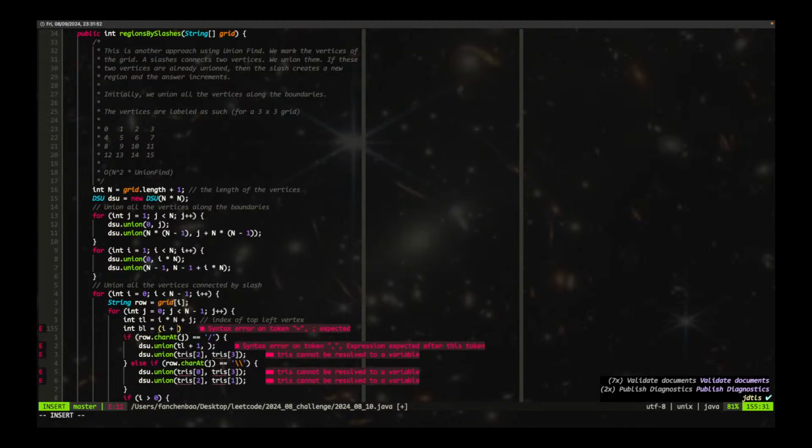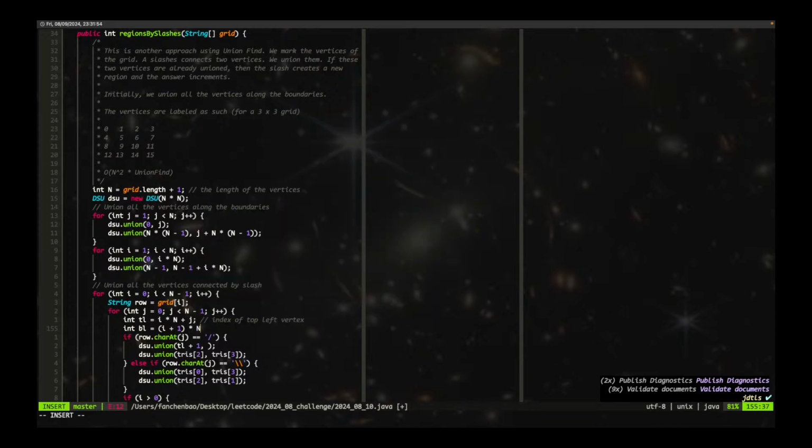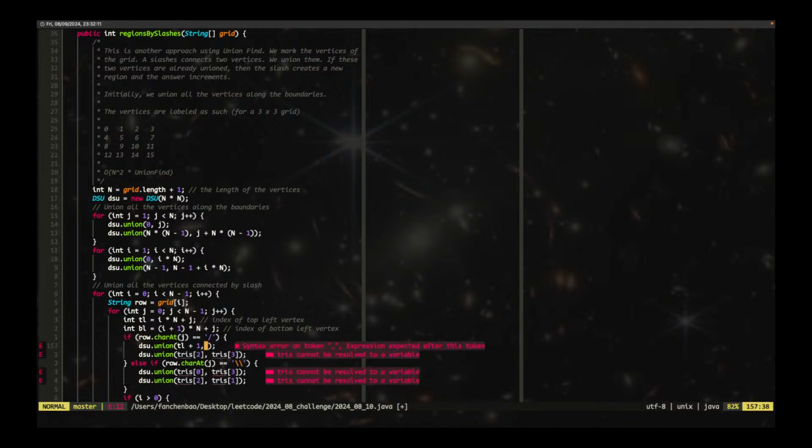So it should be I plus 1, right, times n plus j. Index of bottom left. So top left plus 1. This should be bottom left.